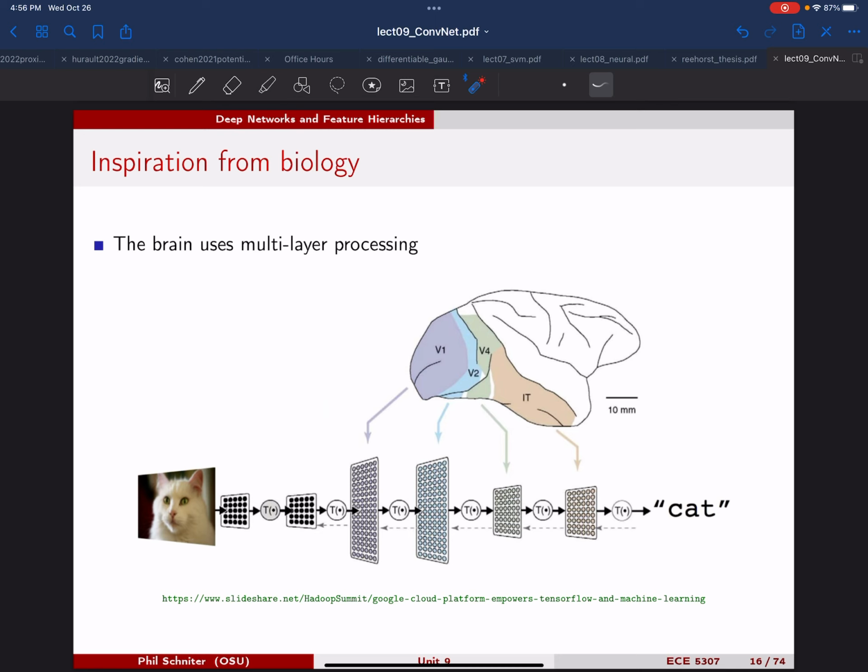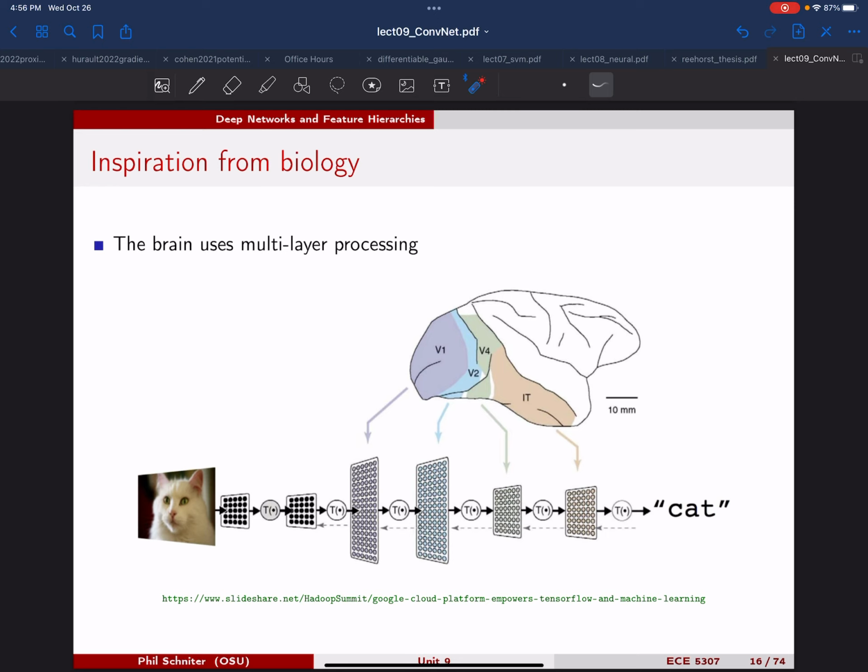They've done some interesting experiments, let's say with V1, where they focus on maybe a particular neuron. We'll measure what's happening at that neuron after showing the person or the animal different visual patterns.